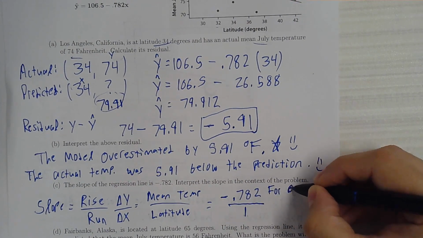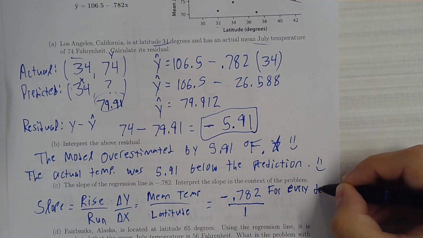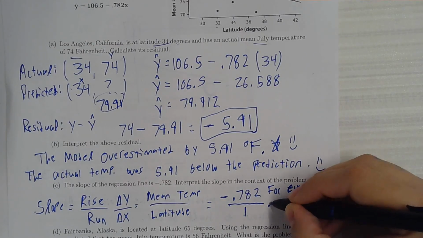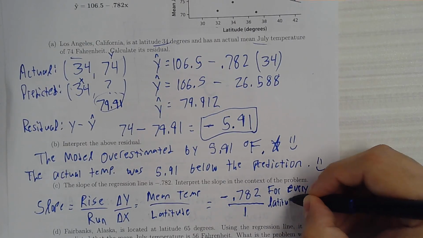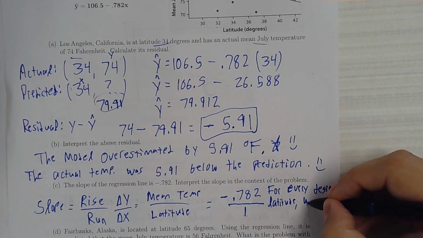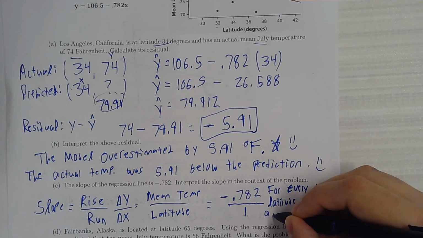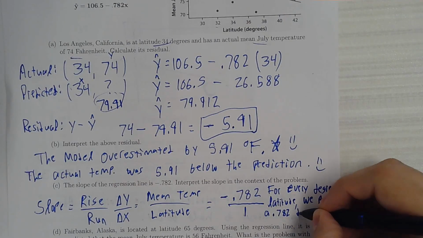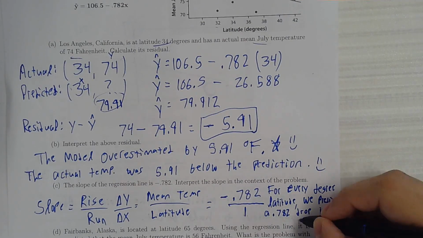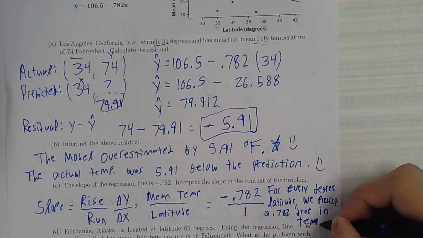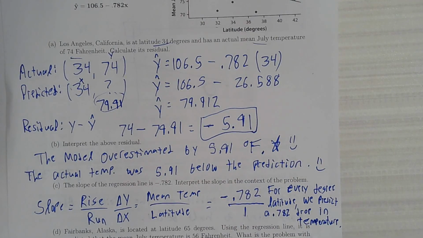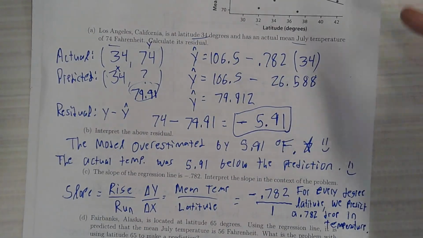Right, for every degree of latitude, we predict a 0.782 drop in temperature. All right, there you go.